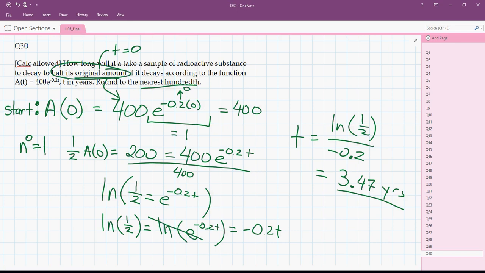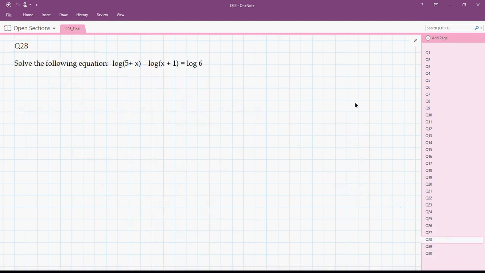Okay, and next up we have 28. Solve the following equation. Before we do this one, I'm just going to briefly review some log rules. If you have log of a times b, that's equal to log of a plus log of b.